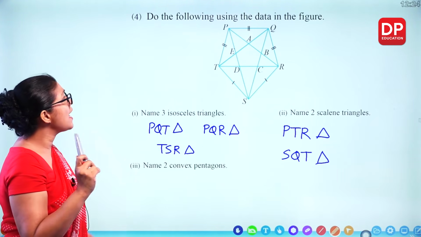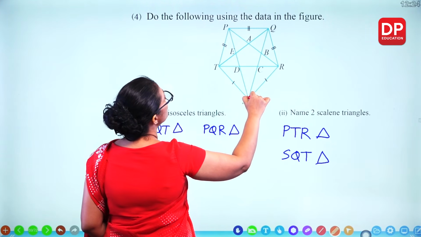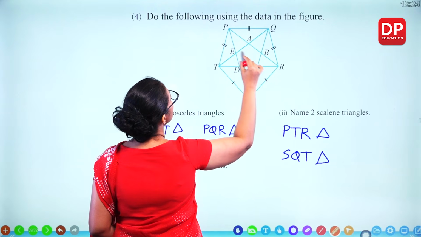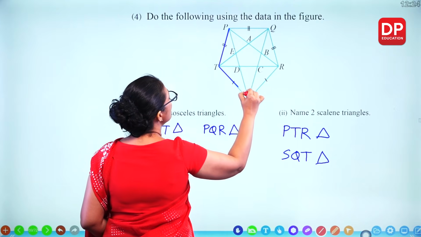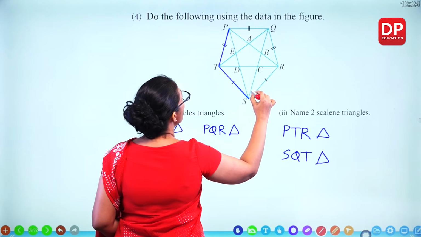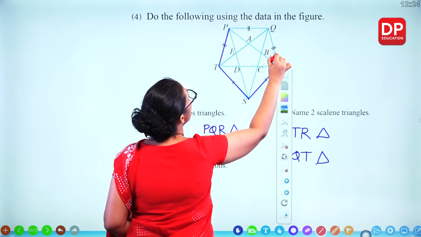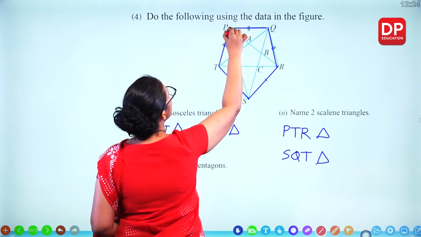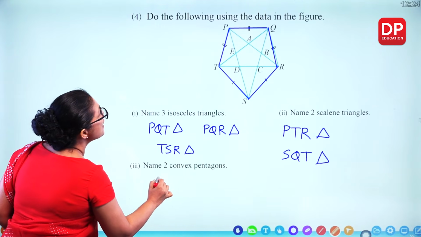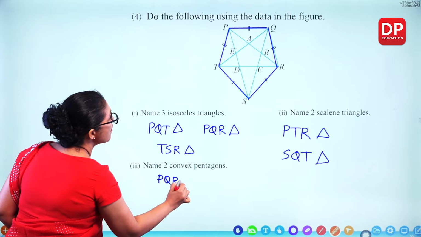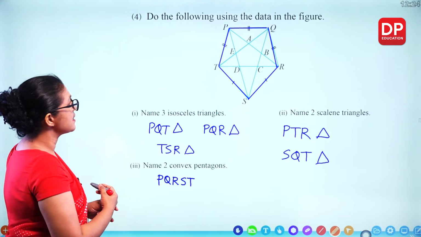Name 2 convex pentagons. Pentagons means 5-sided figure. 1, 2, 3, 4, 5. That's a pentagon. So I can write PQRST is one convex pentagon.